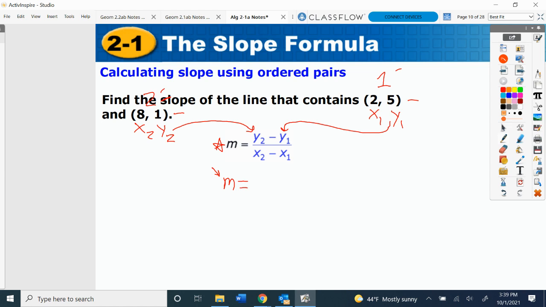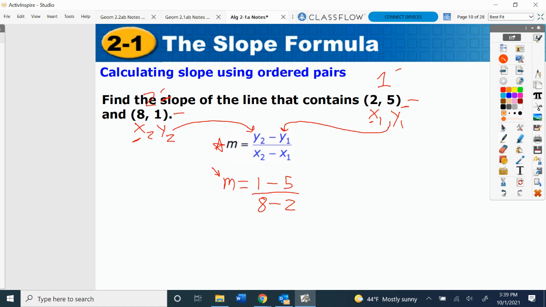So for y2, I have 1, and then I'm going to subtract, and then for y1, I end up with 5. So there's my y2 minus y1 on top. And down on the bottom, I need x2 minus x1, so here is x2, which is 8, minus, and here is x1, which is 2.